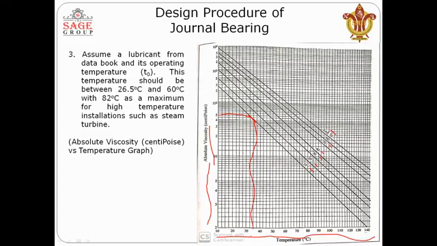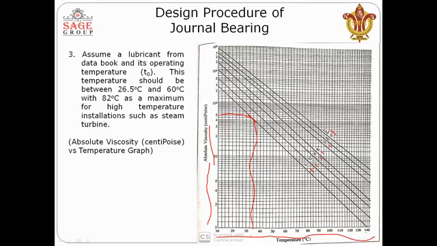So we must select the operating temperature between 26.5 degrees Celsius to 60 degrees Celsius, because it is for the normal working range. But if a high temperature installation is there, for example a steam turbine, because a steam turbine is placed in a very closed, packed area, no normal ventilation, no air circulation, and it works on steam, which is high in temperature.